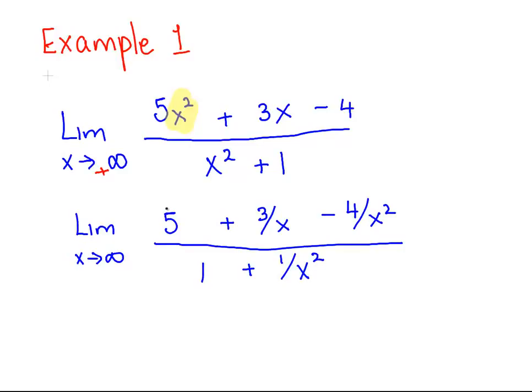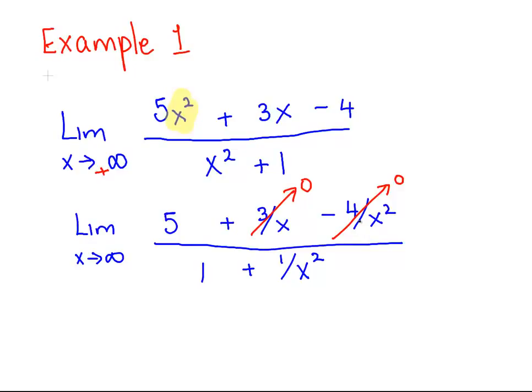Now, what do we do now? So we have 5 and 1, but we have all these other expressions here. Now, as x goes to infinity, 3 over x, that's 3 over a larger and larger number, so that will go to 0. The limit of that is 0. Likewise, the limit of that is 0. It's 4 divided by an infinitely large number.